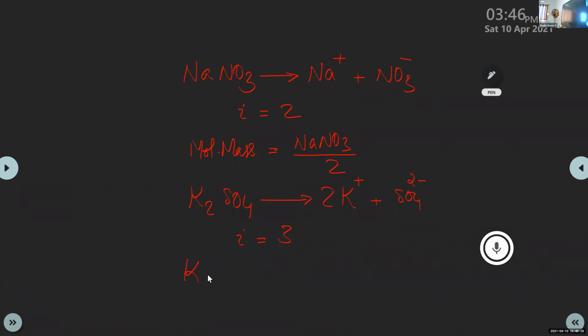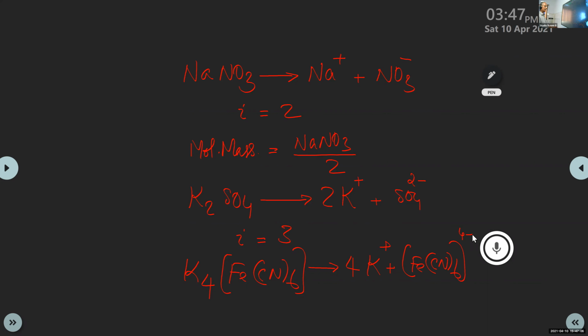Suppose you take K4[Fe(CN)6], potassium ferrocyanide, and it ionizes. It is an ionic substance.